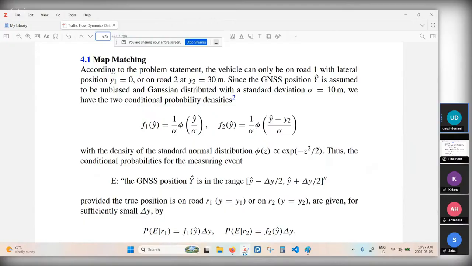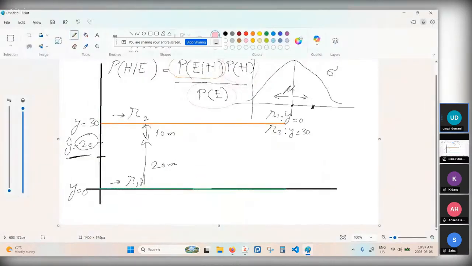And in the Bayes theorem also, we have seen that we need to look at the probability of the evidence. It would be the total probability that we obtain from the navigation system, the GPS position that we are getting.